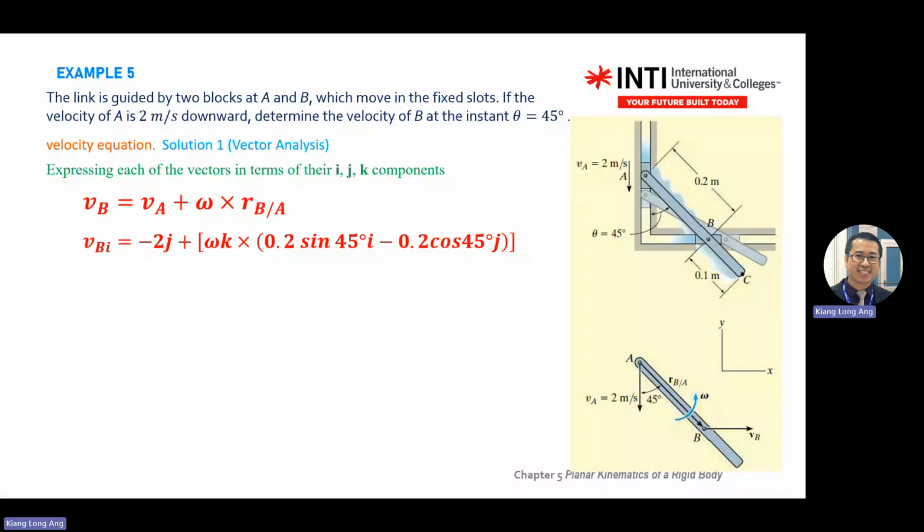So you draw the trigonometry, right? So this side will be cos theta, so RB stroke A cos theta. And this one will be sine.